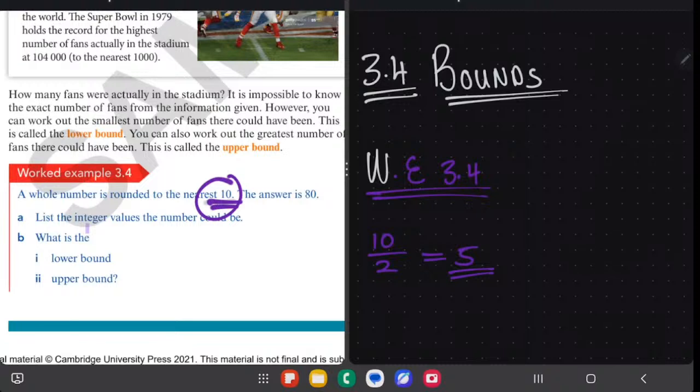The special value is the value that will help us to get everything. I'll always ask you for bounds: did you find the special value? It's our trick. You get it by saying whatever it is to the nearest. So you should always find out what it is to the nearest. Then you divide that by 2.